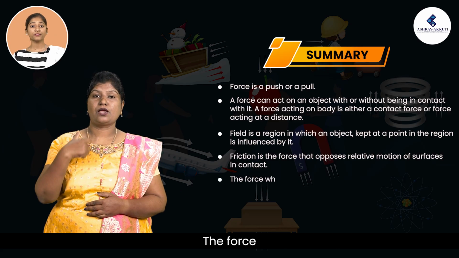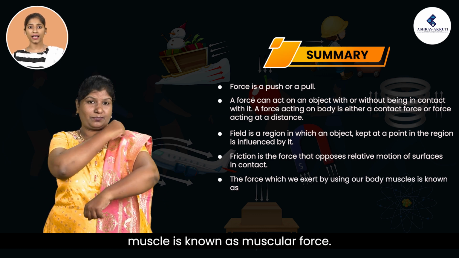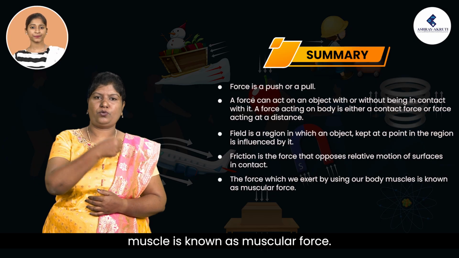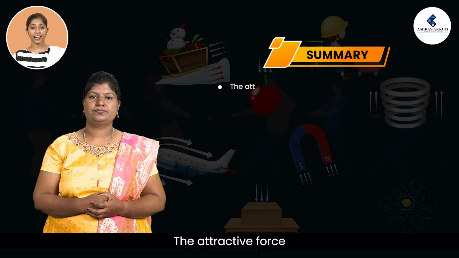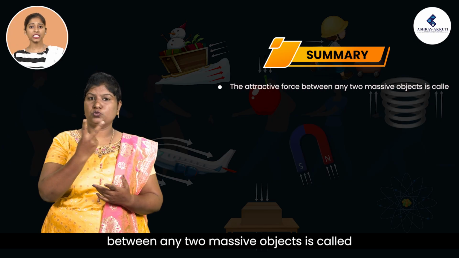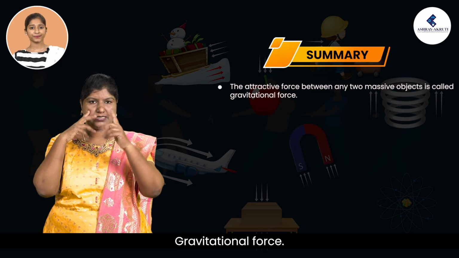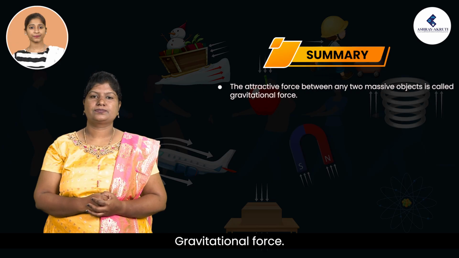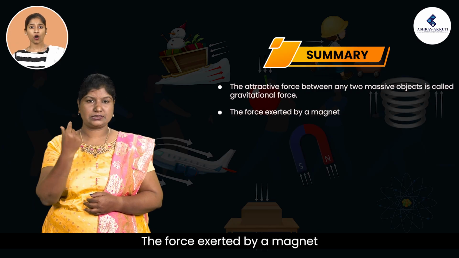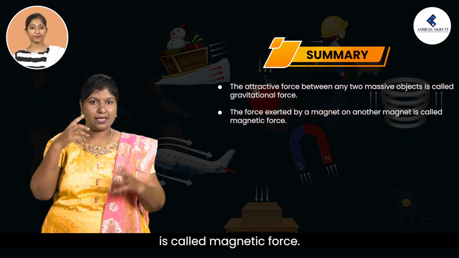The force which we exert by using our body muscle is known as muscular force. The attractive force between any two massive objects is called gravitational force. The force exerted by a magnet on another magnet is called magnetic force.